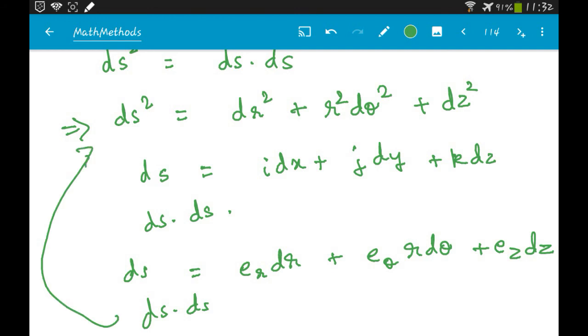Eventually either way you will get the same answer. So this is how you can verify.